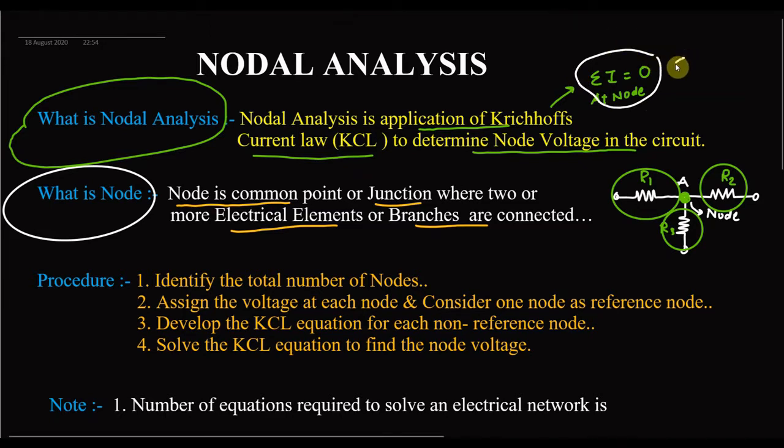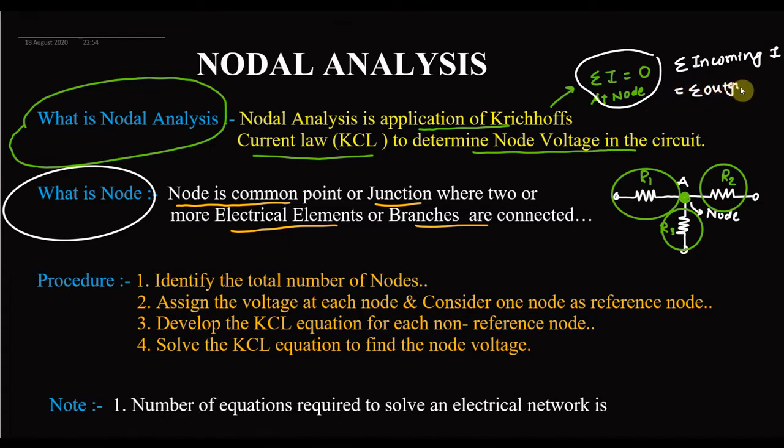The algebraic sum of incoming current is equal to the algebraic sum of outgoing current. You can take any one of the definitions. Our aim is to find out the node voltage. So if at this point A we have to find out the voltage at this point, I will say VA.